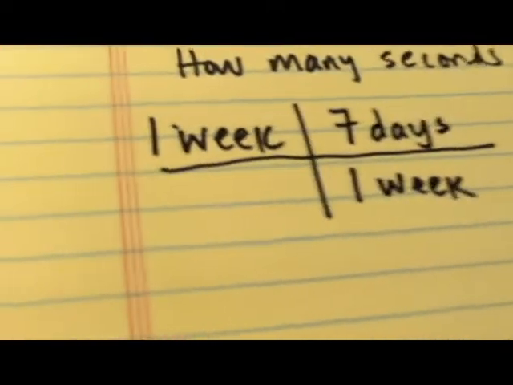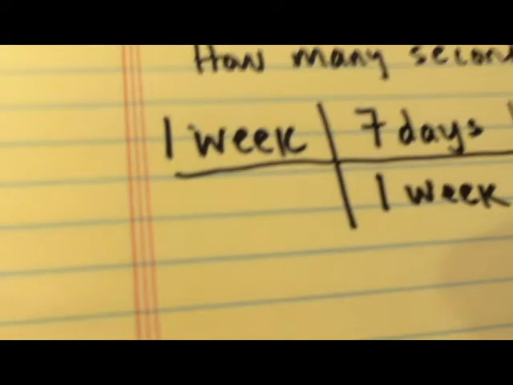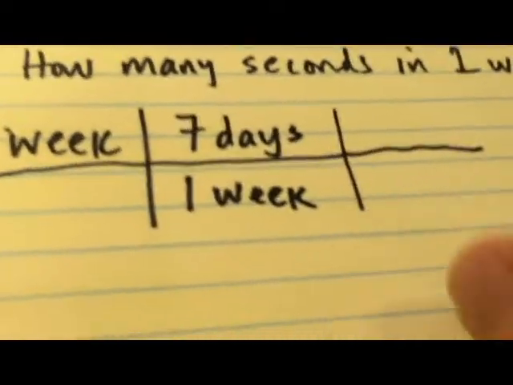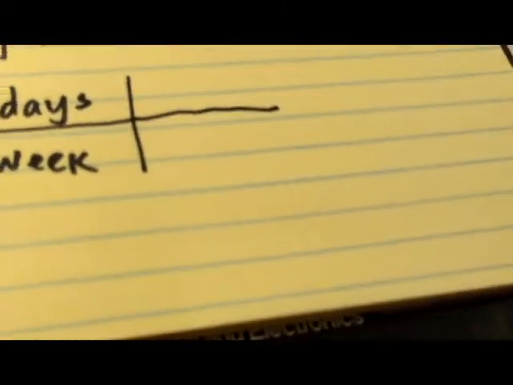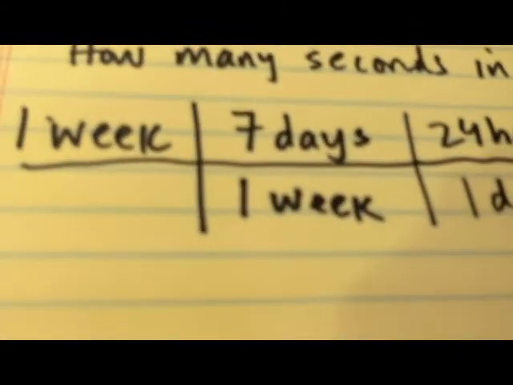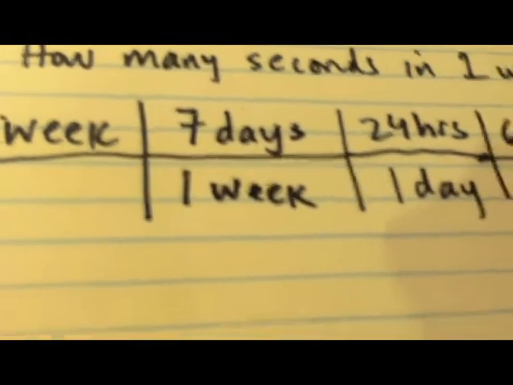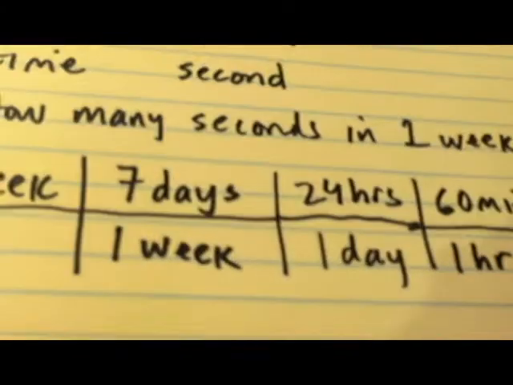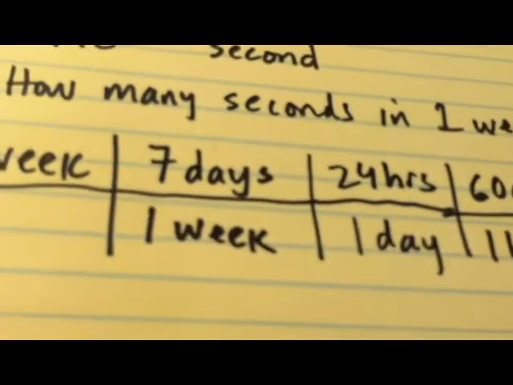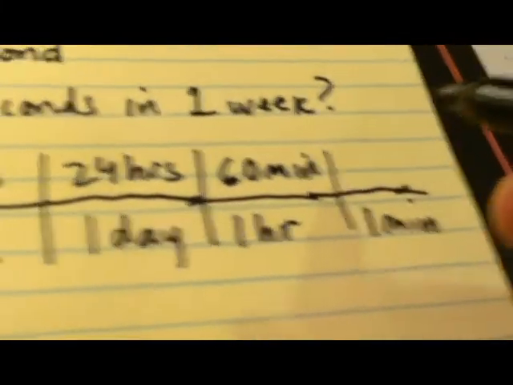We're not at the second yet, but we're getting smaller in time, so I want to put another section here. So 1 day is 24 hours. Then 1 hour is 60 minutes. And then 1 minute is the same as 60 seconds.